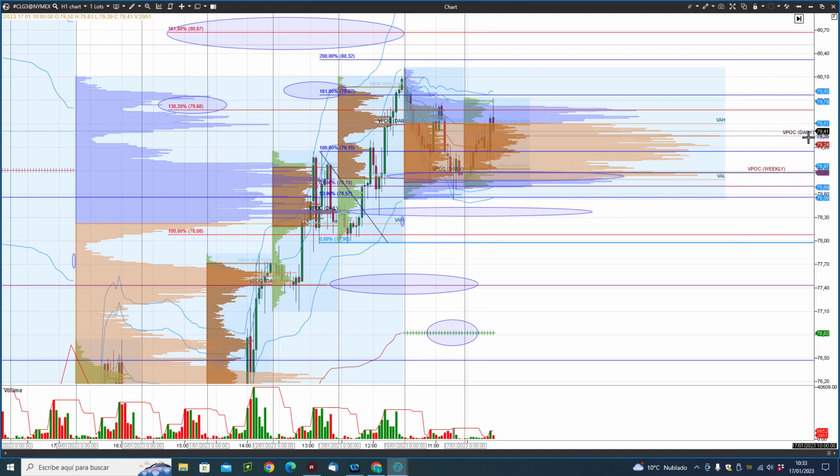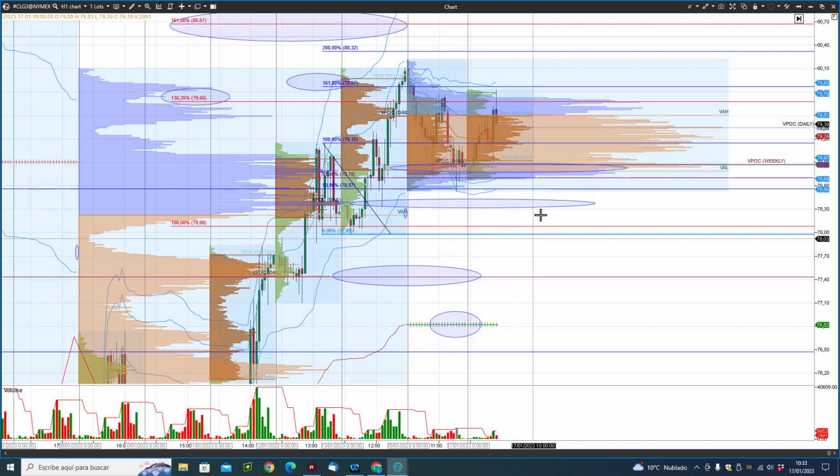First place, we have the weekly VPOC. Currently it's at 78.89, and the second target will be this peak of volume node at 78.37.